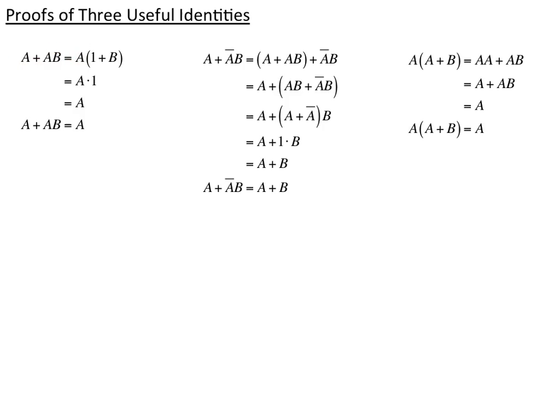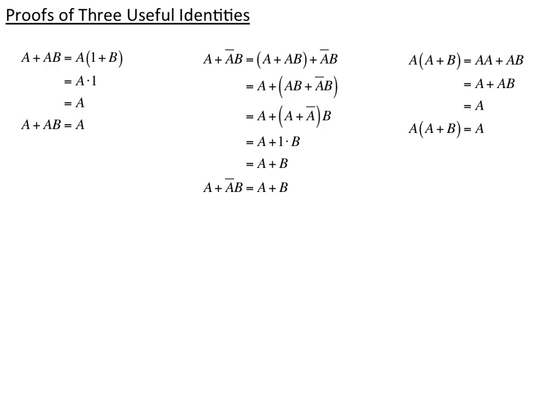So here's the A and the 1 or B. Now 1 or B is 1 by axiom. It doesn't matter what B is if I OR it with 1. So that's A and 1, which is just A. So I finally get A or A and B is just A.